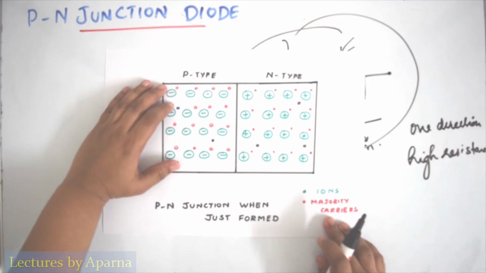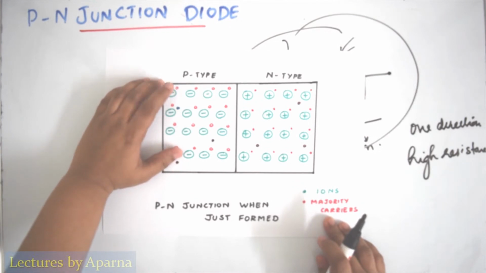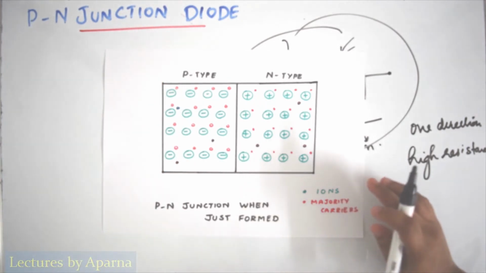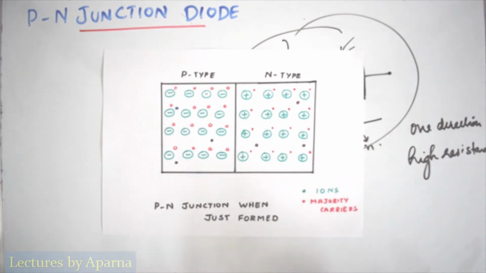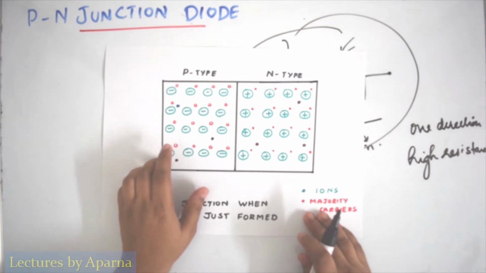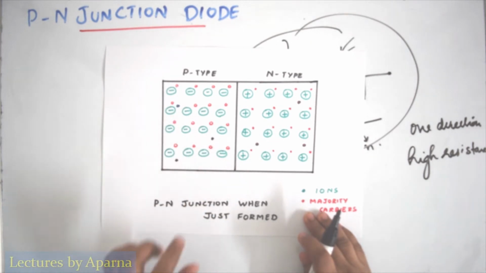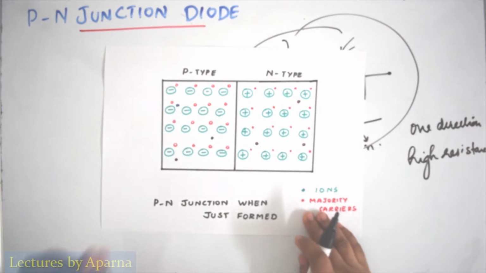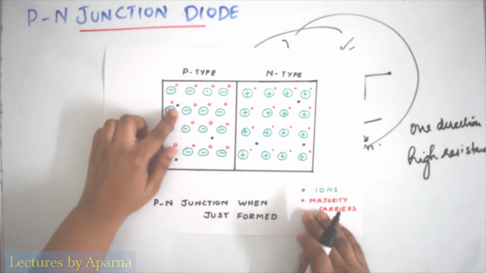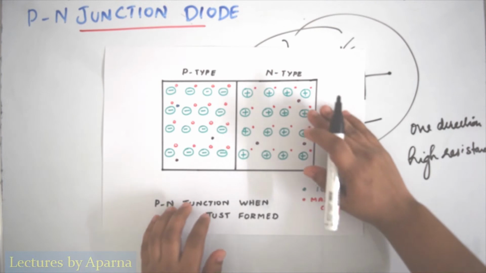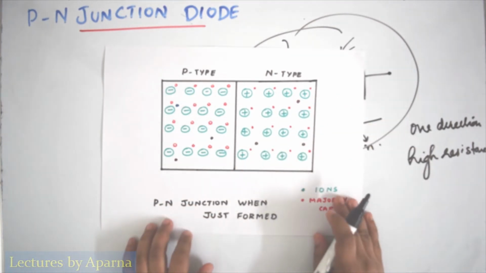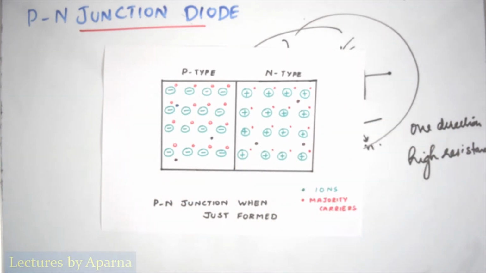In the P-type region, it will be the holes, which are the majority carriers, and in the N-type region, electrons will be the majority carriers. Those shown in dark blue color are the minority carriers. So in the P-type region, electrons will be the minority carriers, and in the N-type region, holes will be the minority carriers. So this is how this PN junction will look just when it is formed.